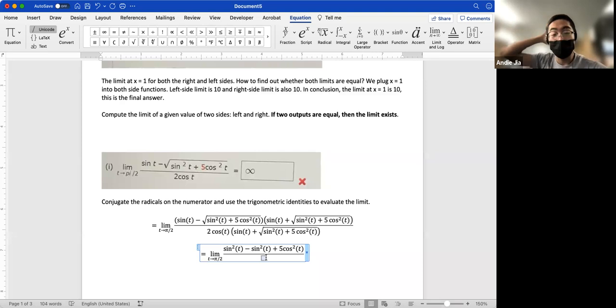And now you can rewrite the trig identity here.